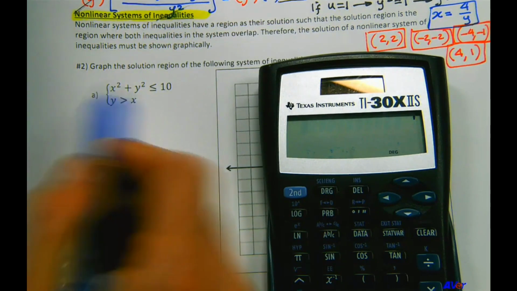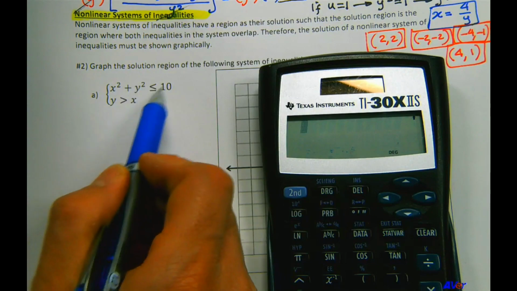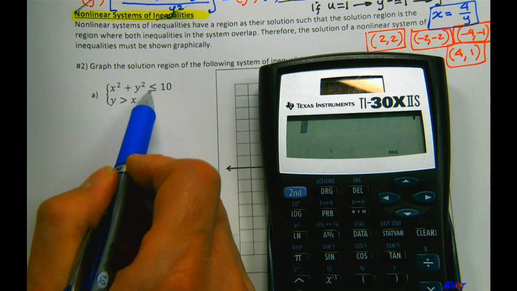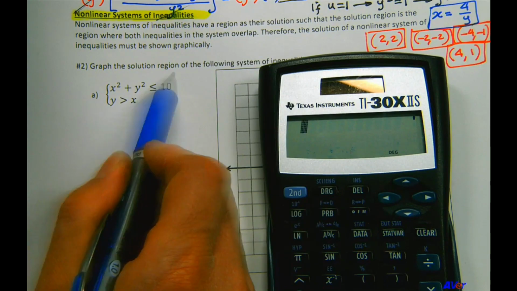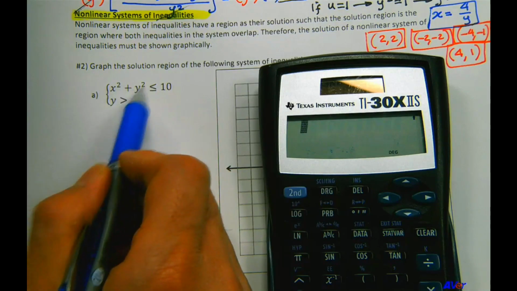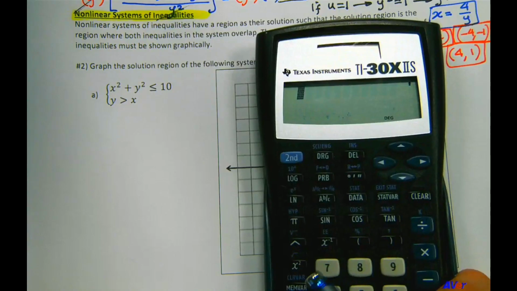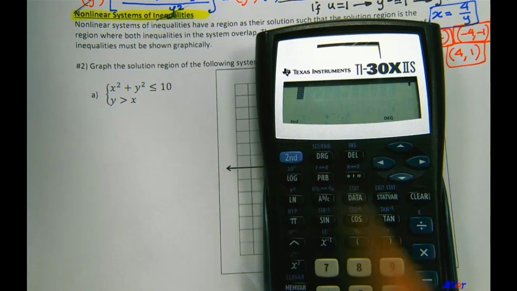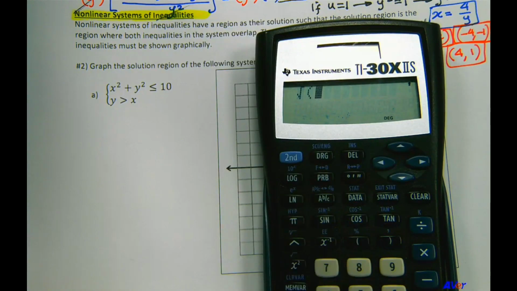But of course, this is an inequality, meaning that all the points inside and on the perimeter of the circle are the solution. Anything outside of the circle is not a solution. See, x squared plus y squared less than or equal to 10. So I wanted to take the square root of 10 to have an idea. It must be 3 point something, right?